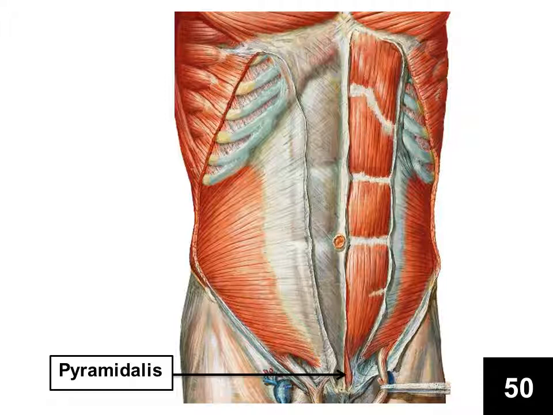The rectus, in contrast, flexes the lumbar vertebrae, meaning anterior flexion, while the obliques do lateral flexion plus rotation. Now when they contract simultaneously with the diaphragm, as we said, they increase intra-abdominal pressure to assist in micturition, defecation, also in labor or parturition, and also in vomiting.